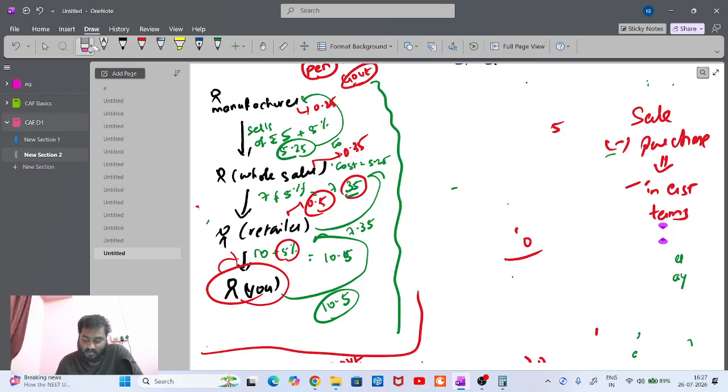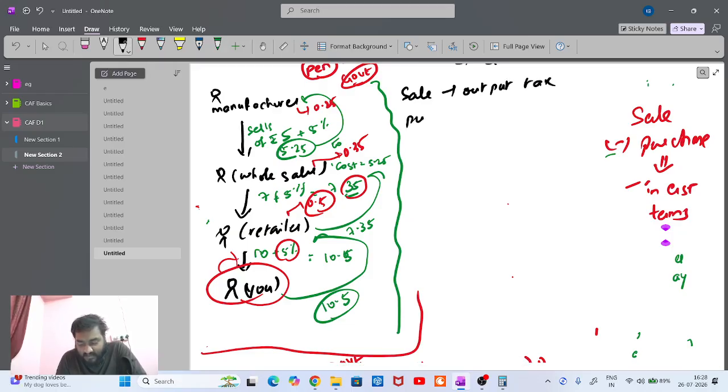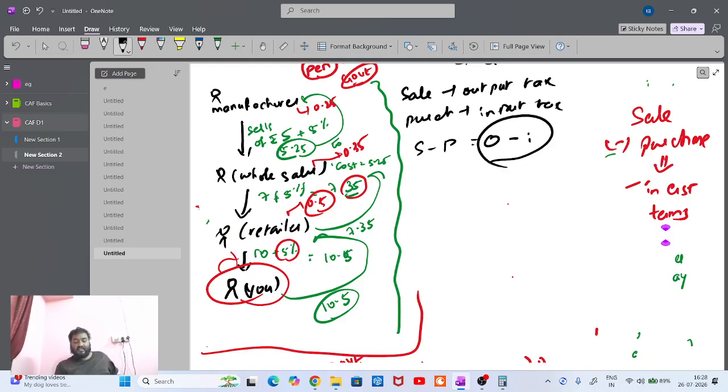Sale is output tax, purchase is input tax. So sale minus purchase in GST terms is output tax minus input tax. This is exactly GST.